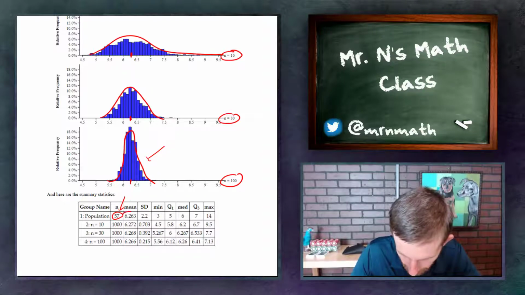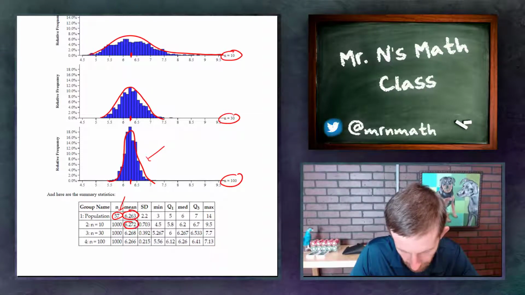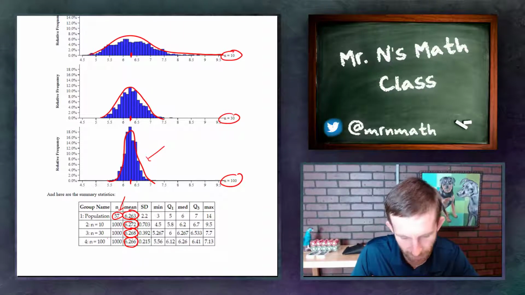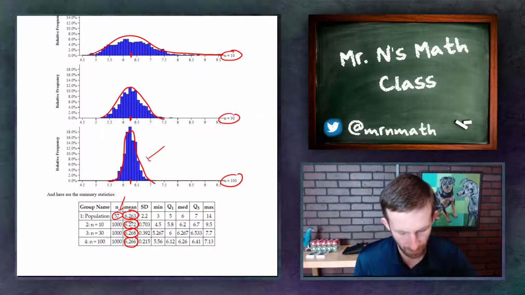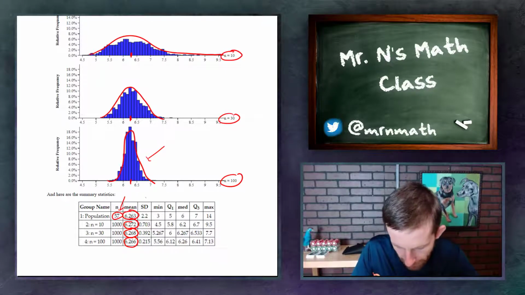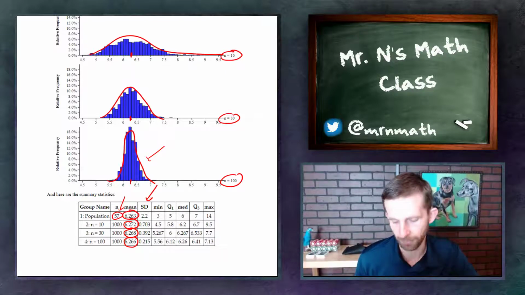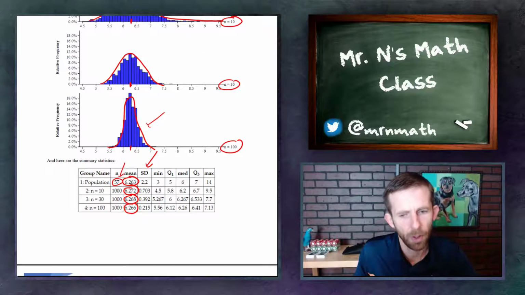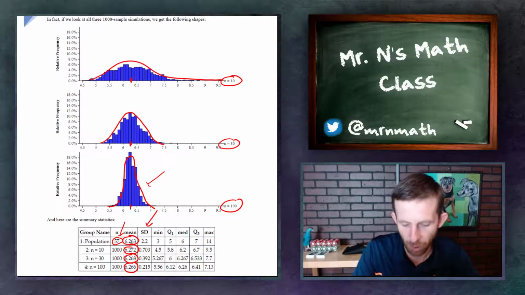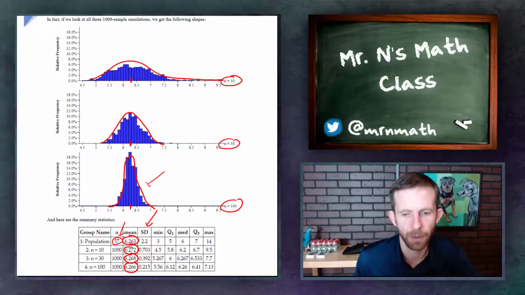Notice the distribution of all those means, for samples of different sizes, has the same mean as the population. The standard deviation keeps getting smaller though. So how does it keep getting smaller? And the shape gets increasingly more normal.